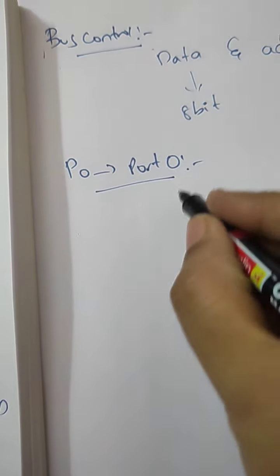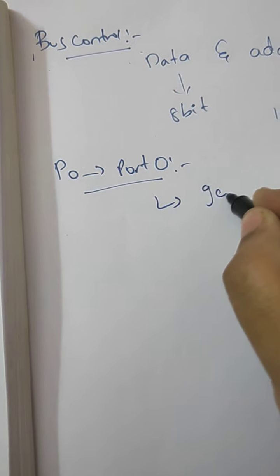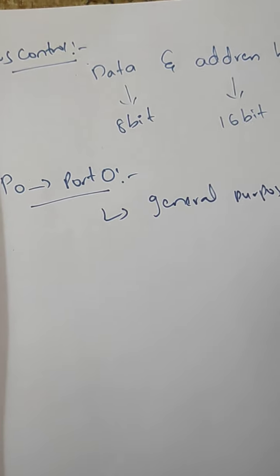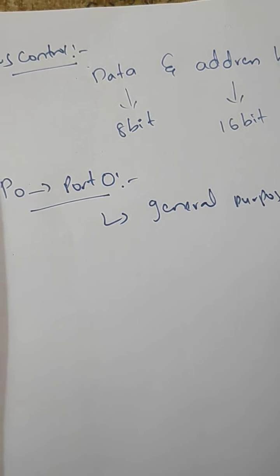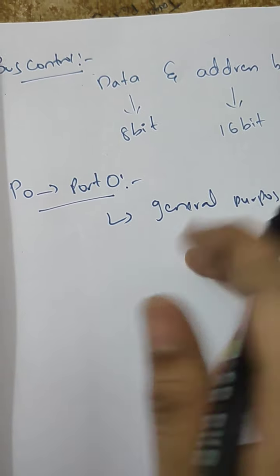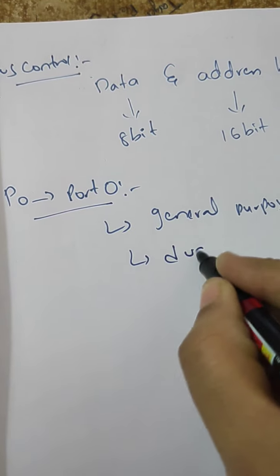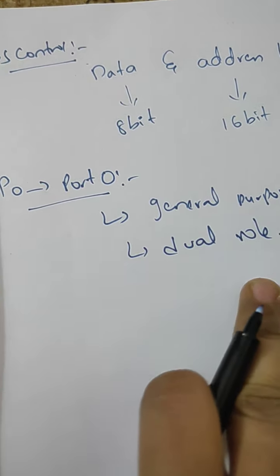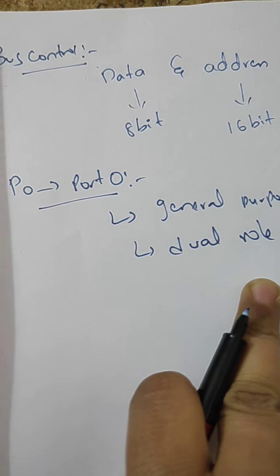It acts like a general purpose IO port. And this port 0 is also known as dual role, because it performs dual operations.